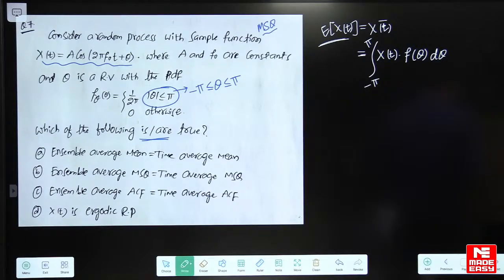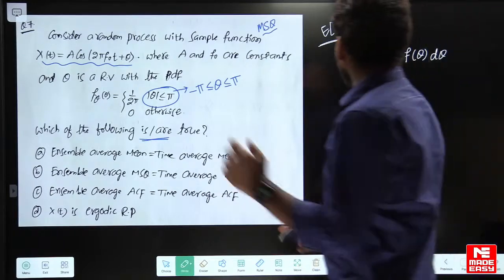I want to see that. Suraj is saying the mean is 0. Yes, let's find this.